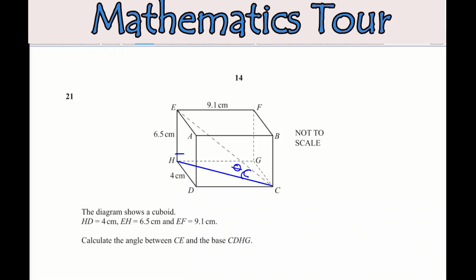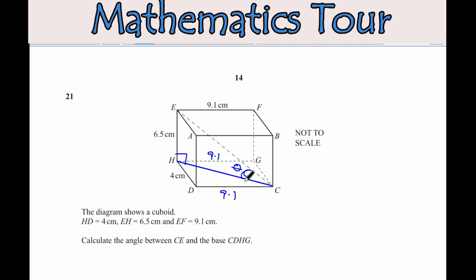So I need this angle, which is theta. This is a right angle here, so I can use SOHCAHTOA. I need to find CH. If EF is 9.1, then HG will also be 9.1, since opposite sides of a rectangle are equal. Then CD will also be 9.1.